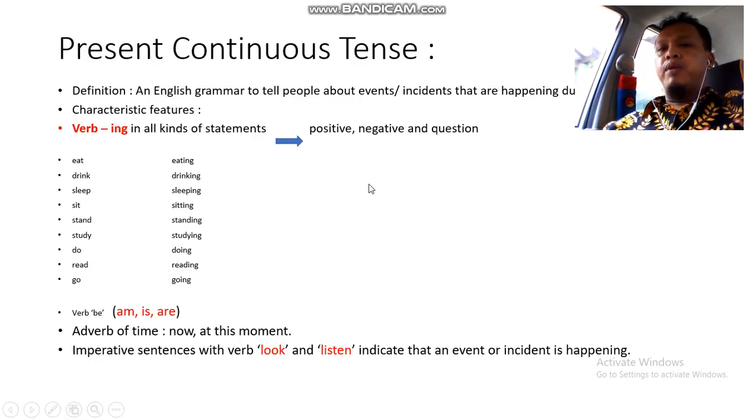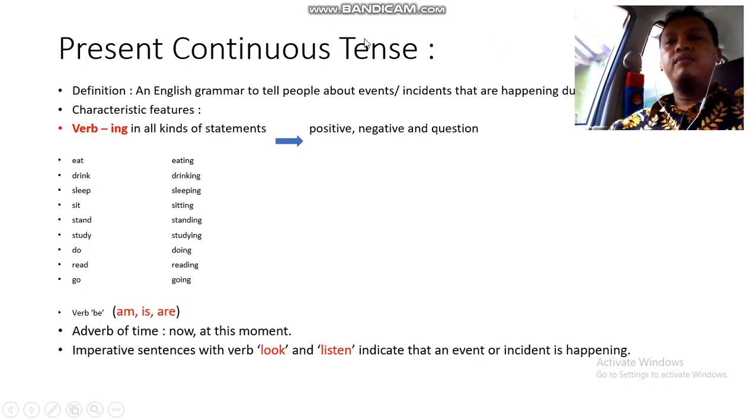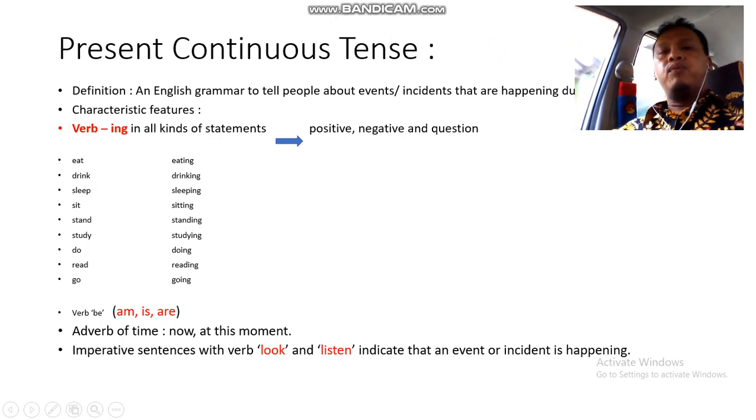When you talk about progress actions, there is English grammar that you have to study or memorize again. I'm sure that when you were in elementary school you already studied it. So I just want you to get a refreshment about what you already studied before.